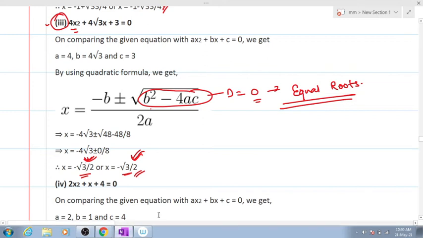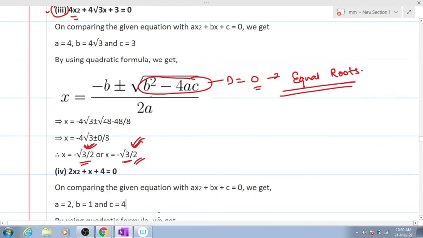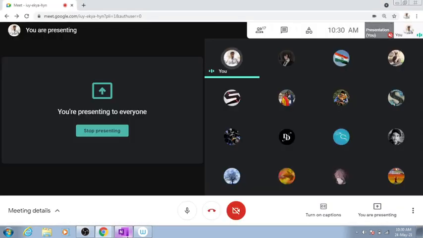Yes, inside the root we will be getting a minus. Come on, let's see how many people draw more conclusions with this.